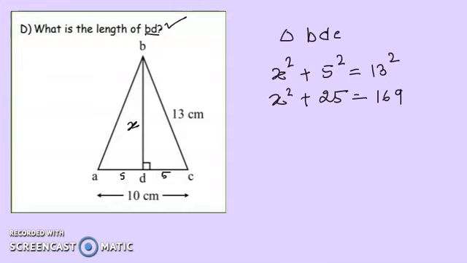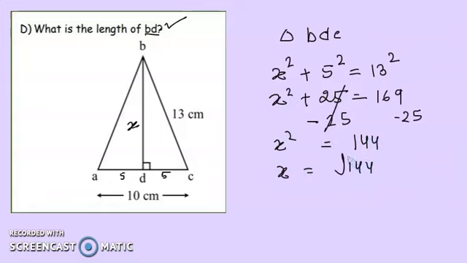So subtract 25 from both sides, and this gives you x square equal to 144. So finally, taking square root both sides, x equals square root of 144, which is 12. So length of BD will be 12, and that is your answer.